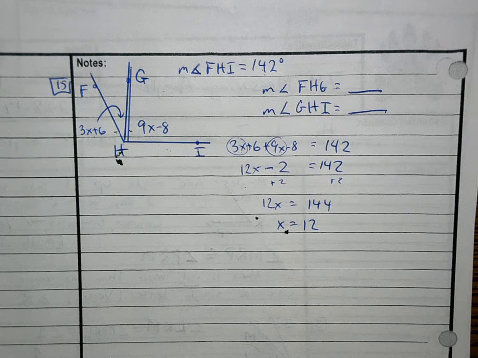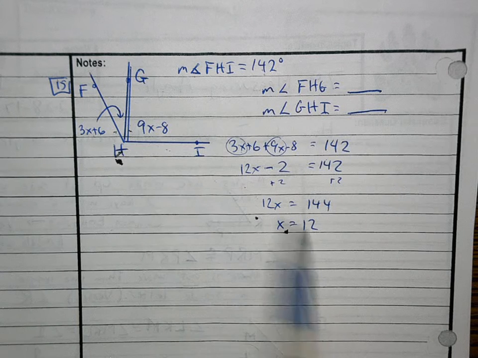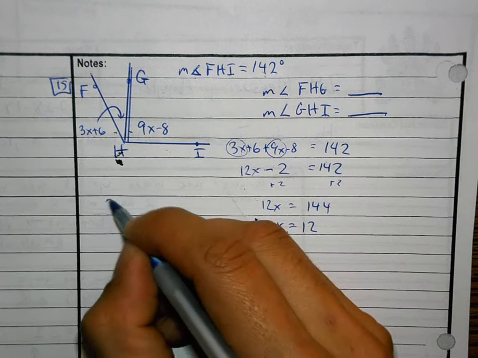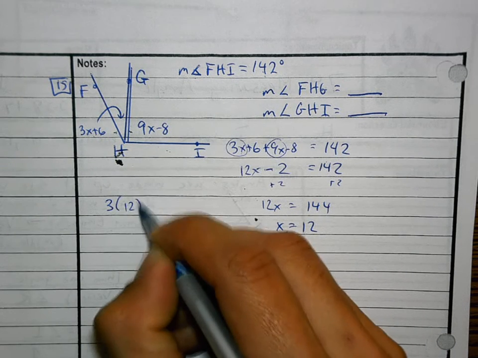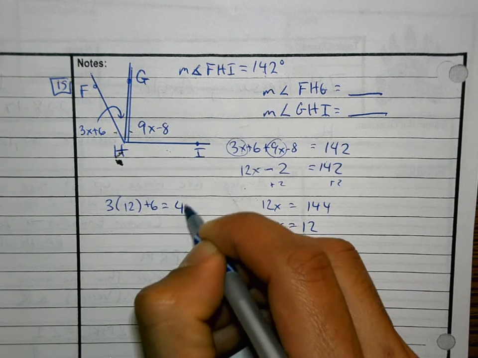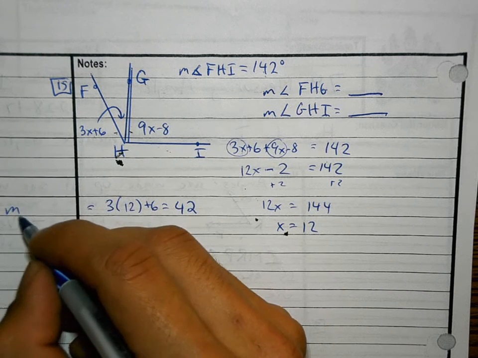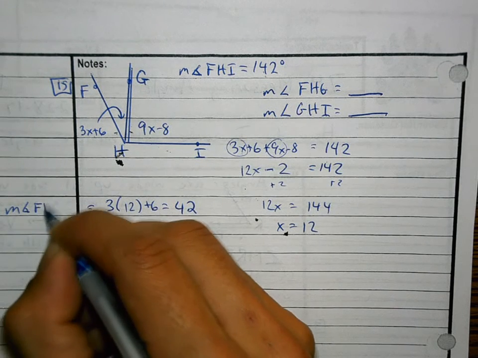Do you know what 3 times 12 plus 6 is? What is it? 42. Okay, so then I'll put down over here. 3 times 12 plus 6 is 42. And that is the measure of angle FHG. That's the answer to our first question.